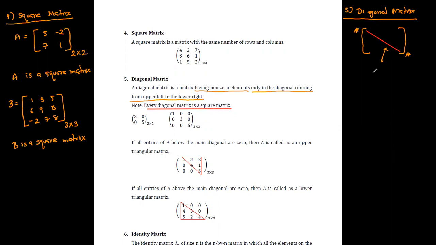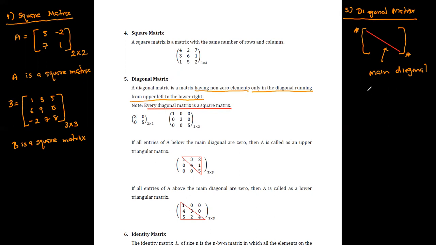And this is said to be the main diagonal of the matrix. Now a diagonal matrix is a matrix having non-zero elements only on the main diagonal. It says that the remaining elements, which are the off diagonal elements, should all be zeros. It is quite like this.